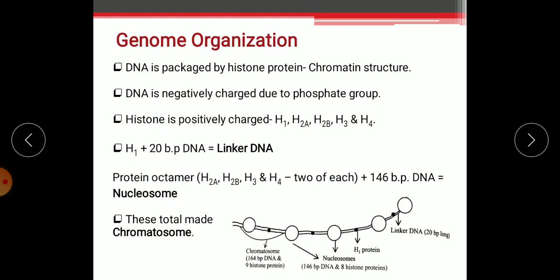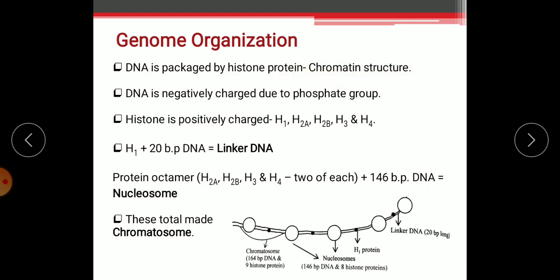So now, the genome organization. What is basically the organization of the genes, or the genome organization, in any organism? The DNA is negatively charged, which is due to its phosphate group. These DNAs are packaged by histone proteins, which make up the chromatin structure.